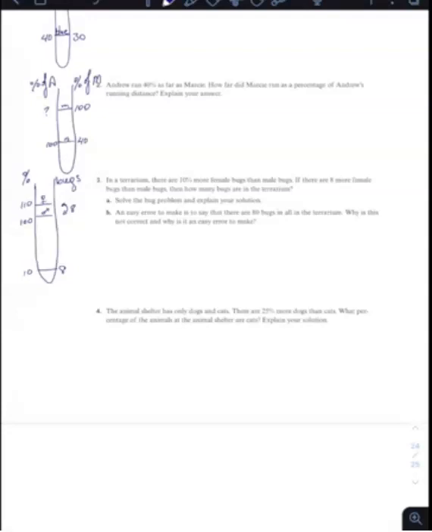If 10% is 8 bugs, what's 100%? 80 bugs, and 88 female bugs. So the question is, how many bugs are there in the terrarium? I will leave the final answer to you, and I will leave number 4 to you as well.